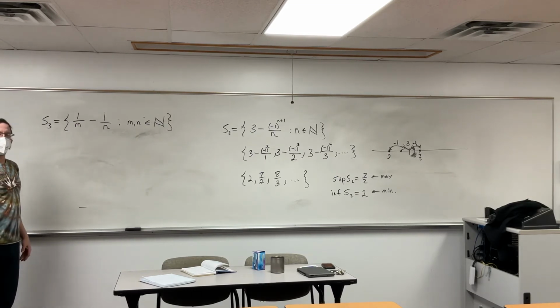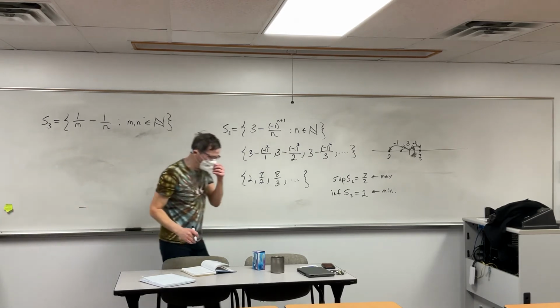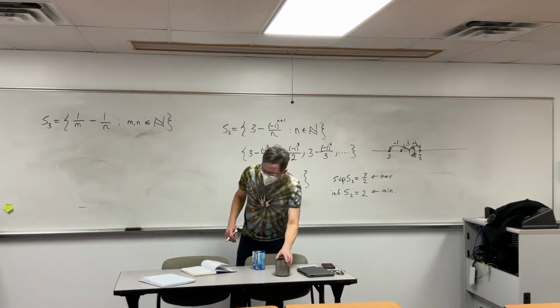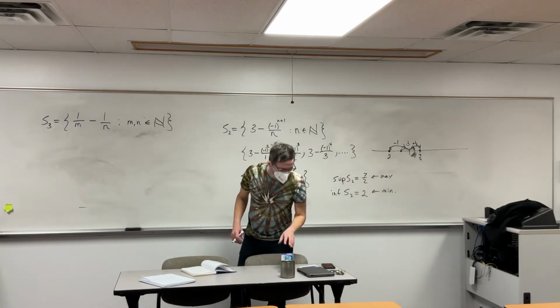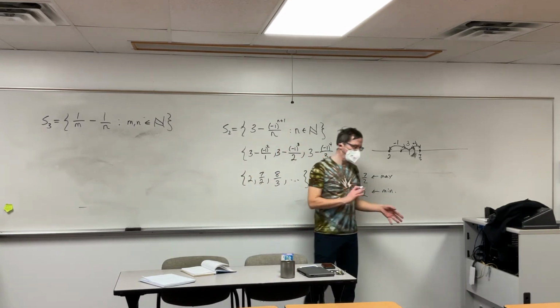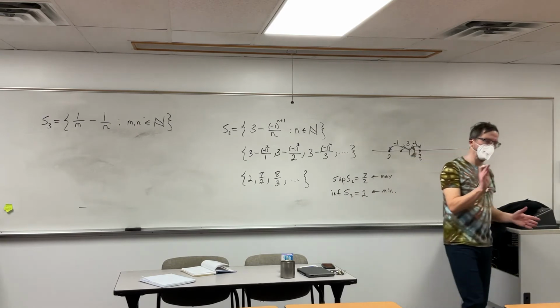Supremum and infimum, please. This one might take a little while. There's 2 moving parts here. One tip might be to fix one of the parts and work from there and see what happens.